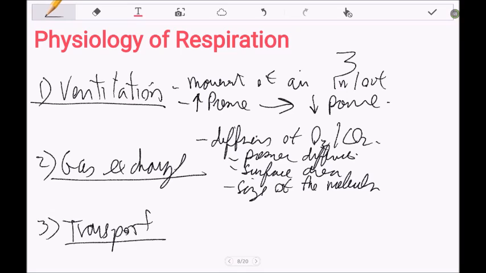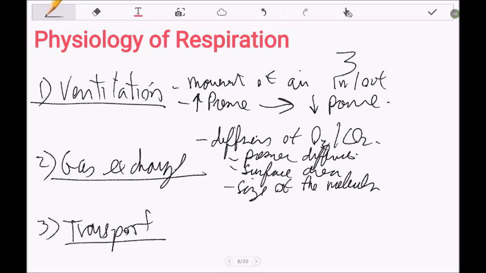Now, what does this mean? Pressure differences play a crucial role in gas exchange, and I want you to think about it. Once the blood goes from your right ventricle, which is oxygen-poor blood, into the lungs to be oxygenated, the carbon dioxide concentration in that part of the circulation is higher, right? Therefore, it's higher than the atmosphere, and CO2 will diffuse out because it's higher in the blood and lower in the atmosphere. And think about the same thing with oxygen.